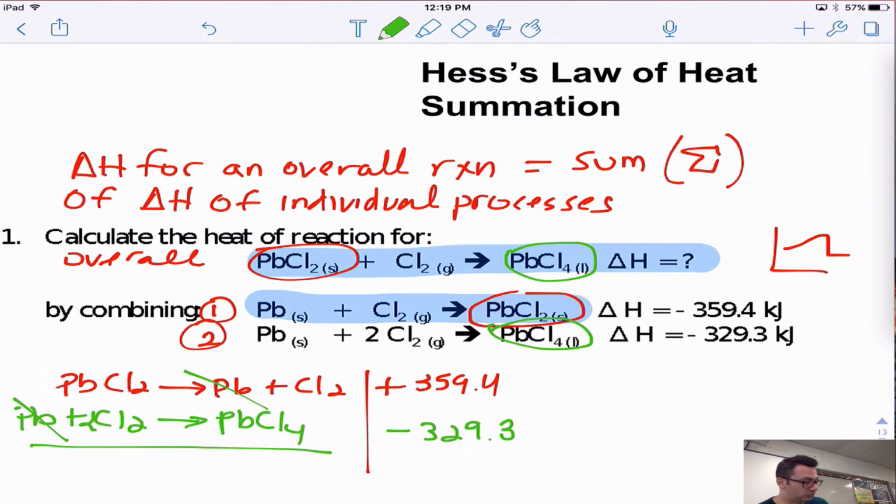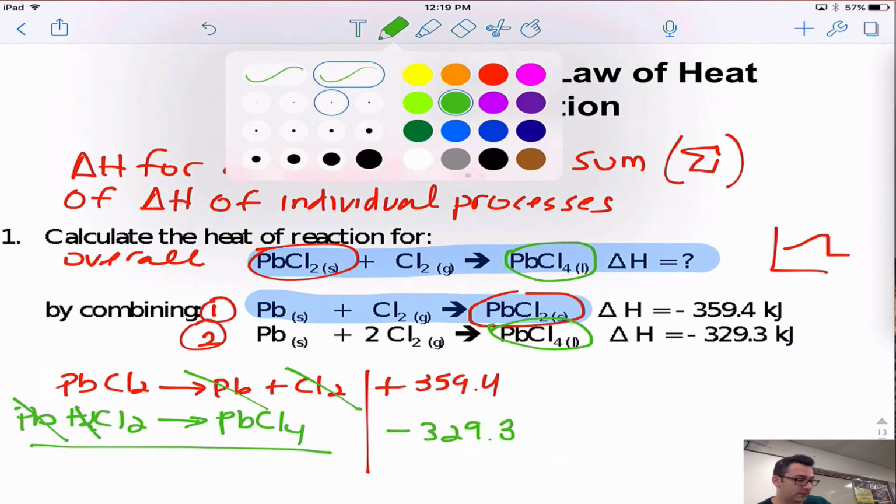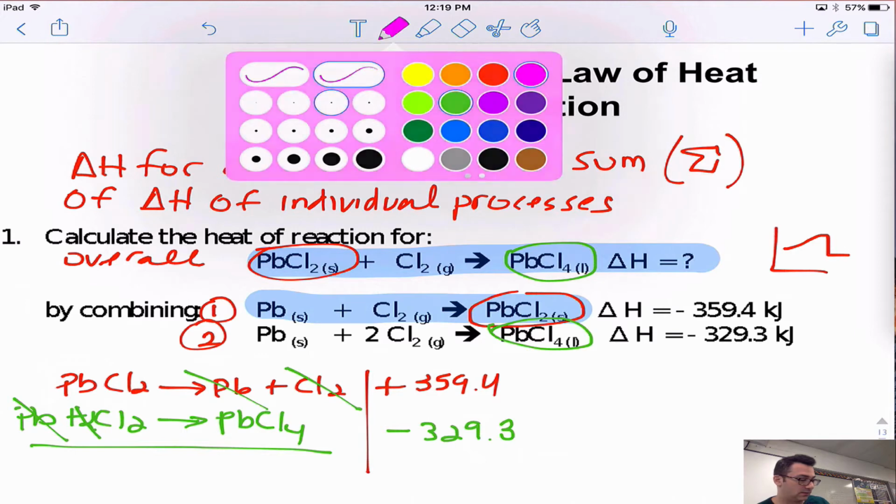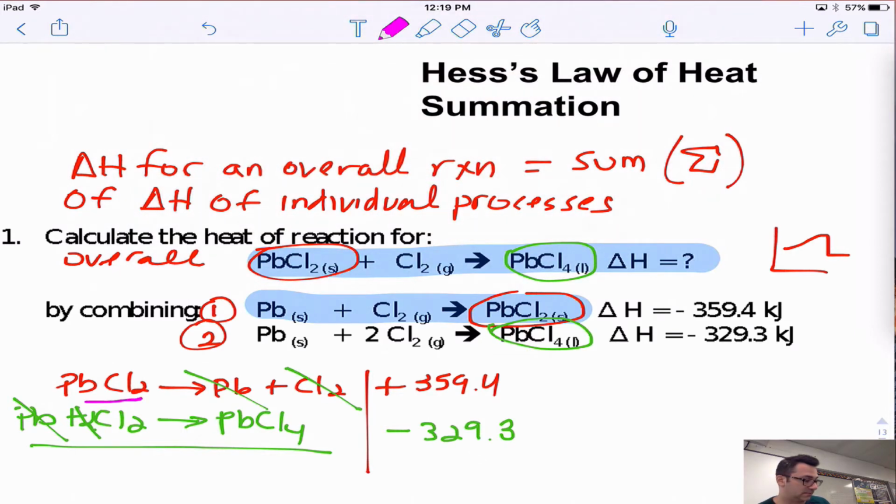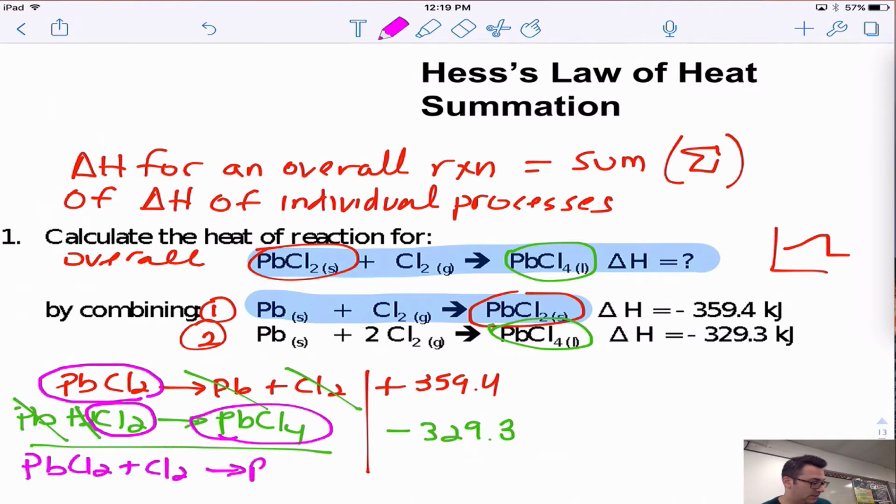One of the Cl2s will cross out with one of these Cl2s, and I'll be left with the following substances: PbCl2 on the left, Cl2 on the left, only one of them, and PbCl4. So I will have PbCl2 plus Cl2 yields PbCl4.